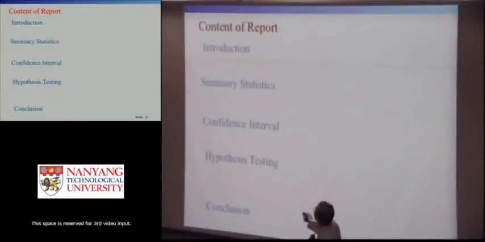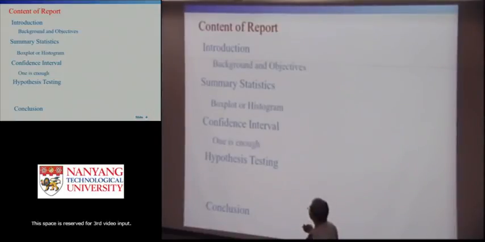Then, for the content of the report, it includes the introduction, why you chose this topic, summary statistics, basically just a box plot or histogram, and the confidence interval. You just need to calculate one confidence interval. That's enough. You don't need to calculate 3 or 5. Some people even calculate 5 confidence intervals. Not necessary.